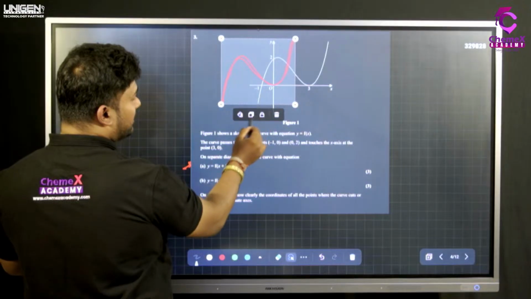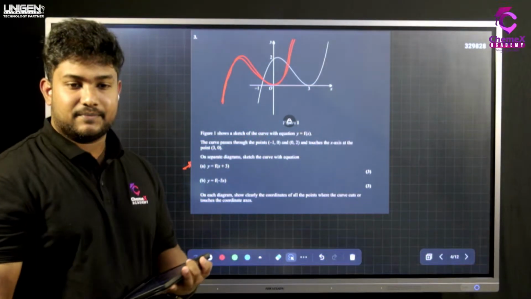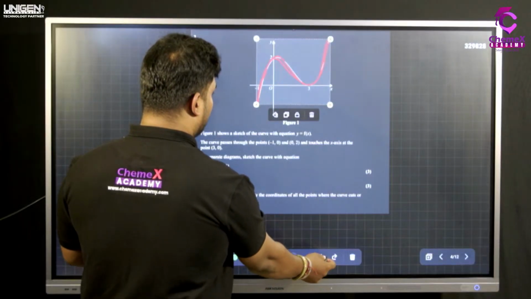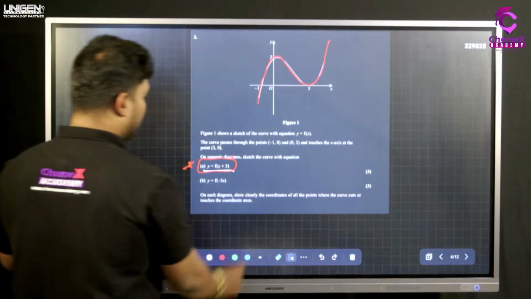So this is actually the graph. Hope it's clear for everyone. Okay, so let's go into the next question.